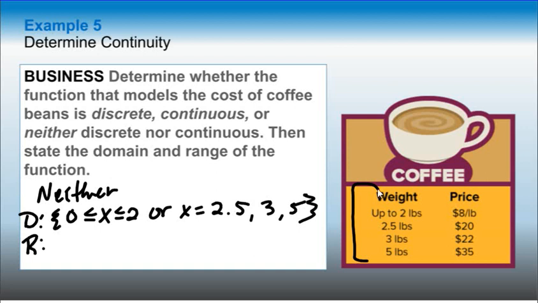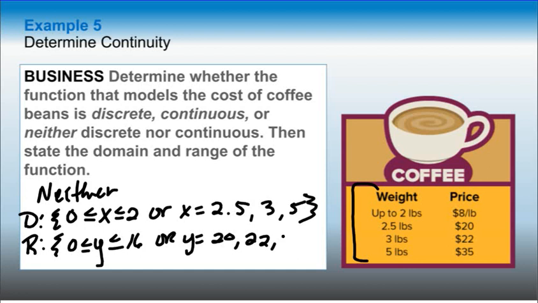Now the range would be the price, and the range for this one would be y greater than or equal to 0. If you buy 0 pounds, then it's 0 times 8, which would be 0, or less than or equal to 16, because if you buy 2 pounds, that would be 2 times 8, which is 16. Or you could have y equals 20, 22, or 35.